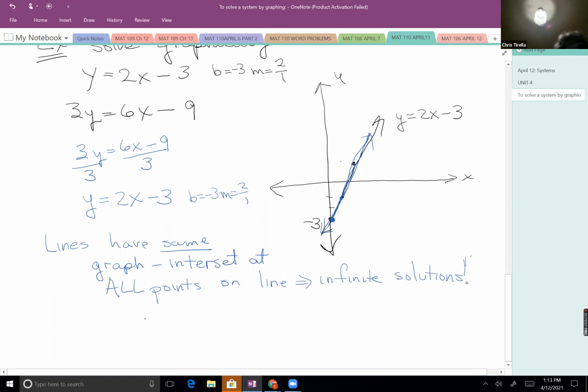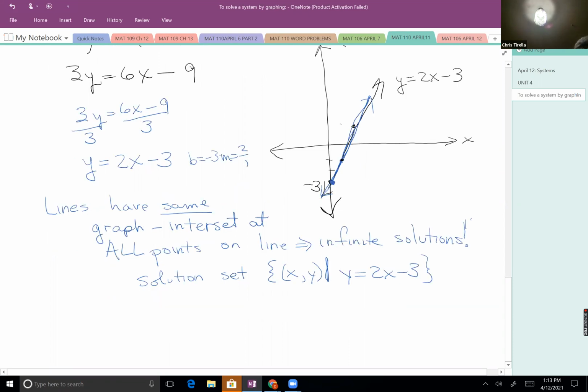The solution set would be the set of all pairs x, y, such that, and we could put either equation, y equals 2x minus 3. It's a way of saying that the solutions are all the points on the line. Here, where we have infinite solutions, this is considered a dependent system.